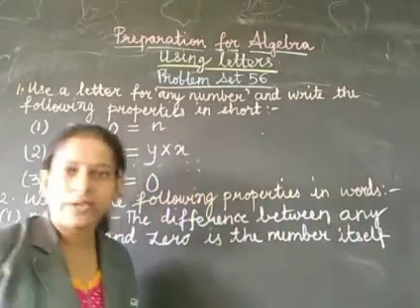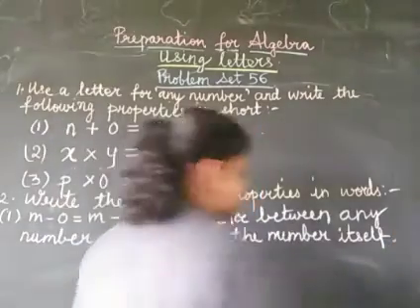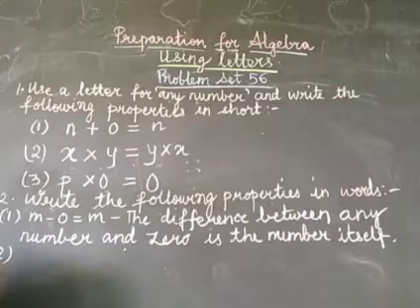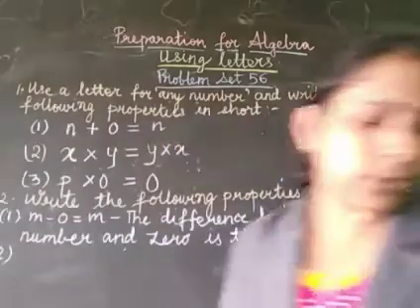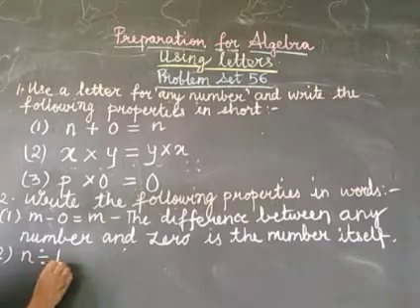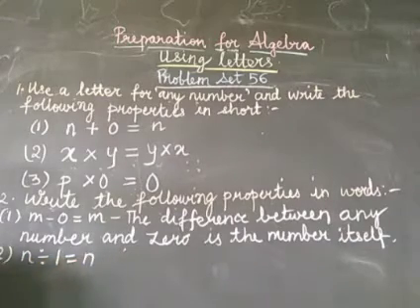Okay, fine. So this is the first answer. Now let us go for the second question. What is the second question? Okay, the second question is n divided by 1 is equal to n.